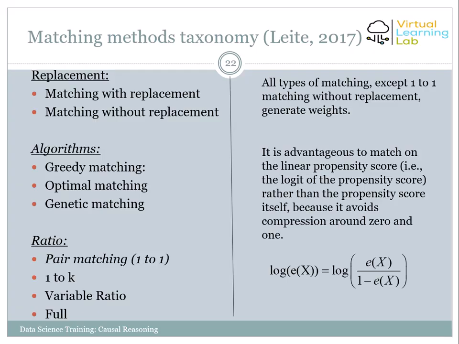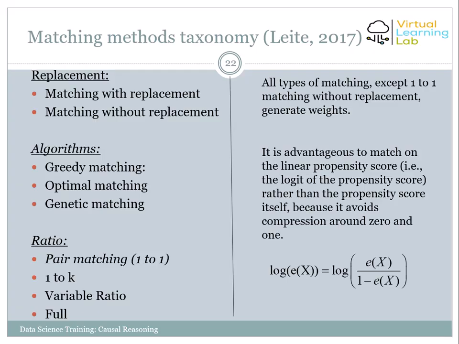The only one here that I wouldn't recommend is 1 to k matching, because, for example, let's say you fix that you match each treated unit to 5 untreated units. There may not be 5 good untreated units, there may just be 2. So you're sacrificing quality by forcing the match to 5. But all the other methods work.